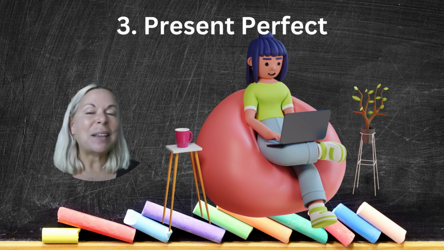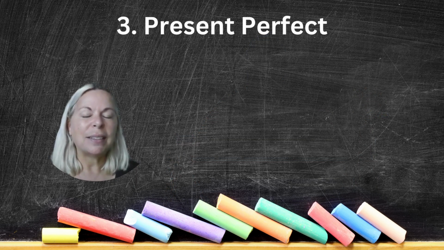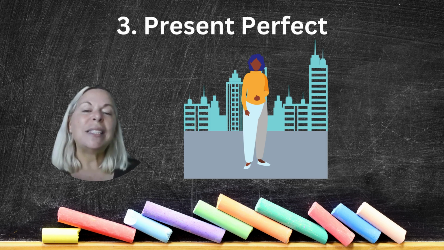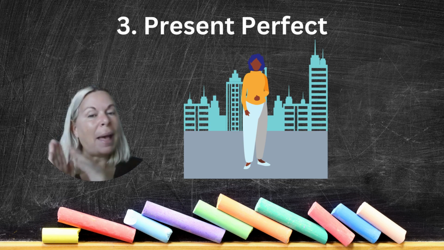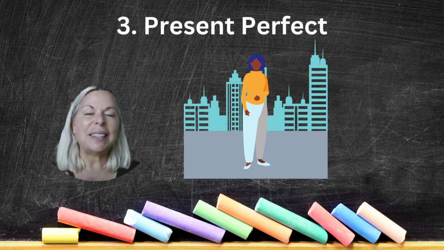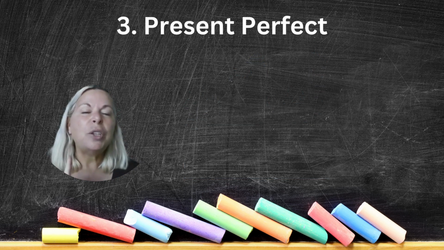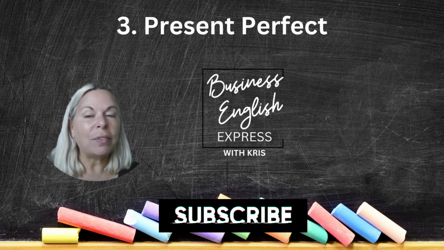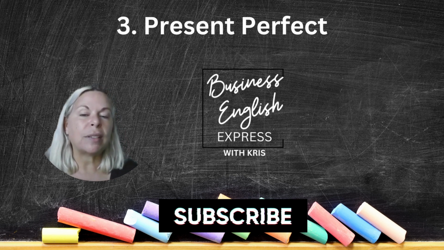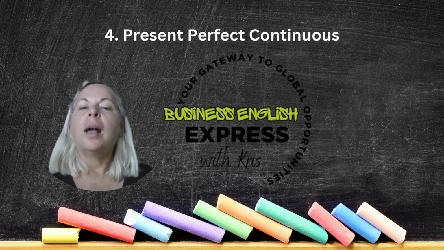The exact time isn't important. And she's lived in this city for 5 years. She started living here in the past, and she still lives here now. Notice that we use has or have plus the past participle of the verb.